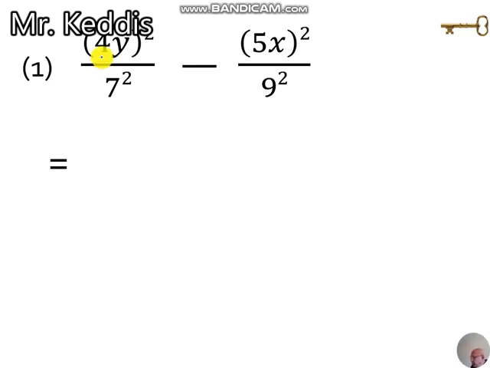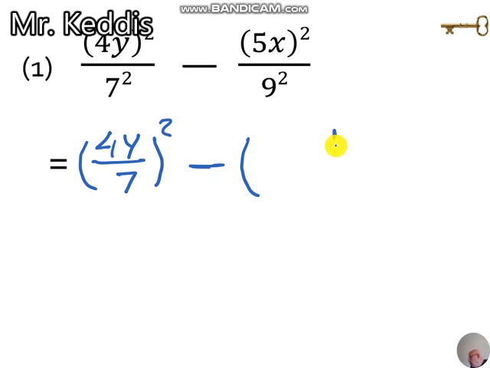I can write this as 4y over 7 quantity squared, minus, I can write this as 5x over 9 quantity squared, and this becomes the difference between two squares.